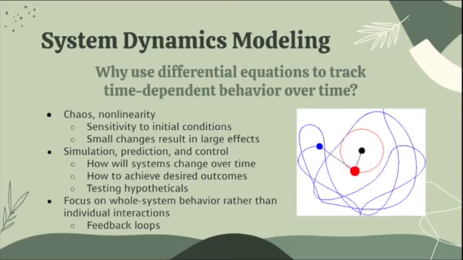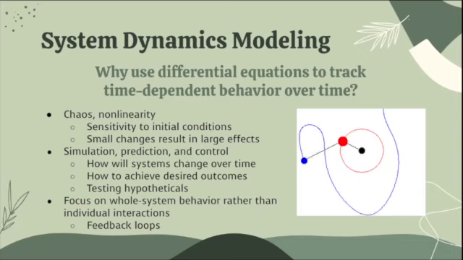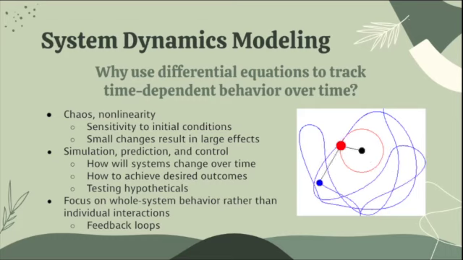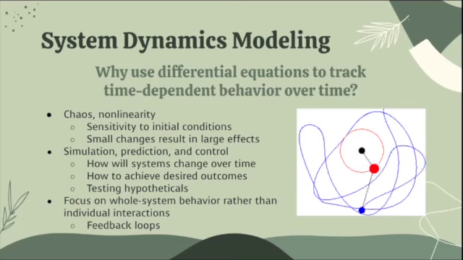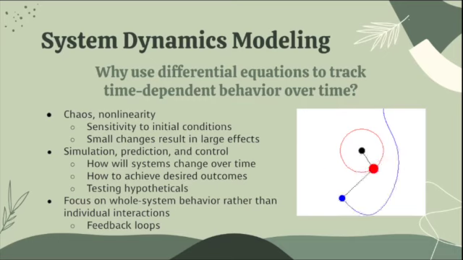We can think of chaos as sensitivity to initial conditions, like the butterfly effect, for example, where a butterfly flaps its wings and cascading effects lead to a hurricane somewhere else in the world. But if the butterfly flaps its wings just a little bit differently, the hurricane won't happen. So a very small change at the beginning can lead to very large outcomes.